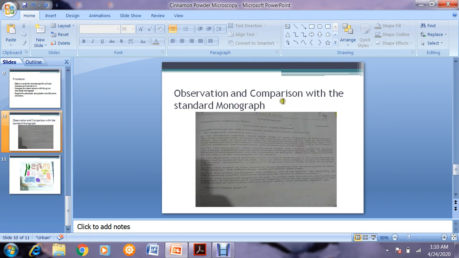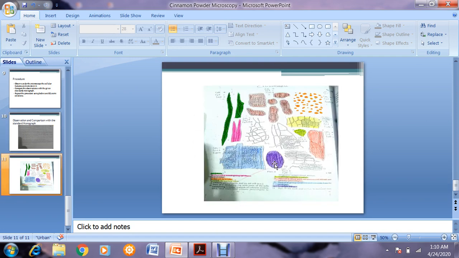Now this is the observation and comparison with the standard monograph. This is a sample of the monograph. Here the main diagnostic features are mentioned, and here the pictorial view is given.